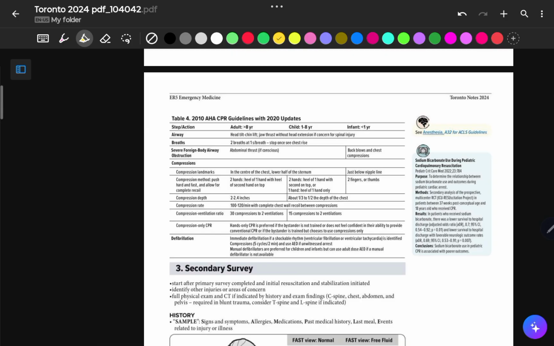So next, we're quickly going to look at CPR guidelines. CPR guidelines differ in adults, children and infants. An adult is over the age of 8, a child is between 1 to 8, and an infant is less than 1 year. So first, we're going to look at the airway.